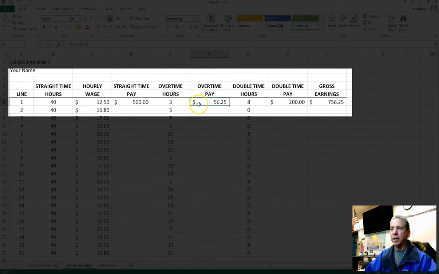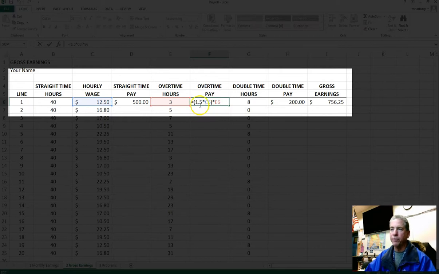The overtime pay, and you will recall from your study in Quizlet that overtime is time and a half, or 1.5 times the regular hourly wage. So what we've done here is that our overtime pay for this formula, and we have to use parentheses to make sure that we control the order of operations.